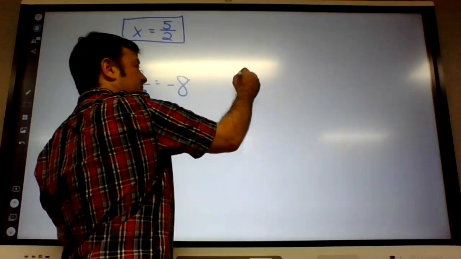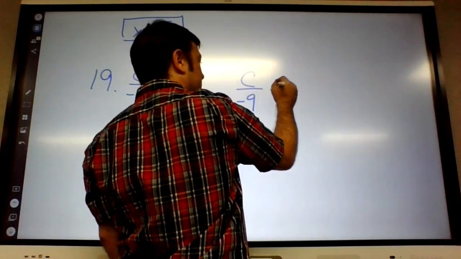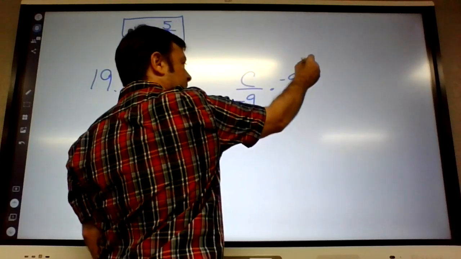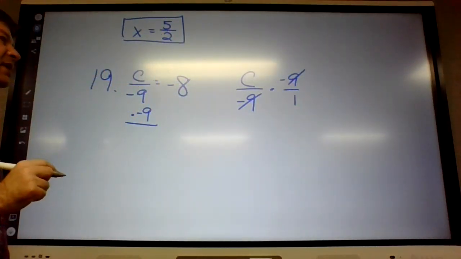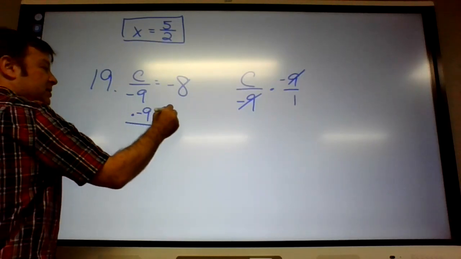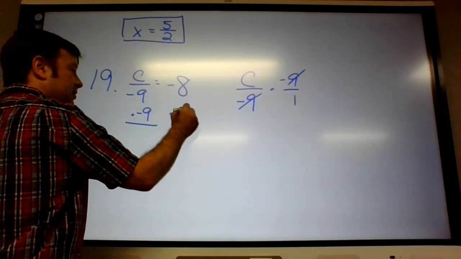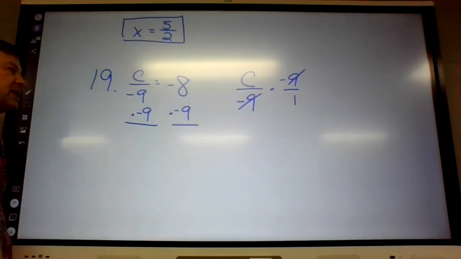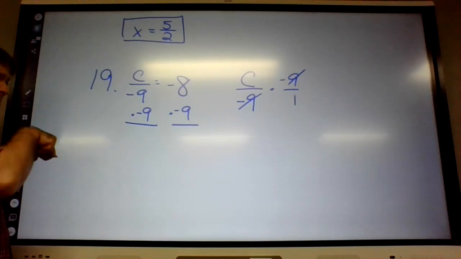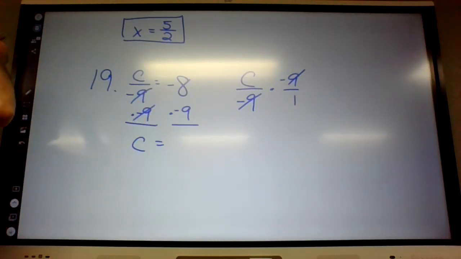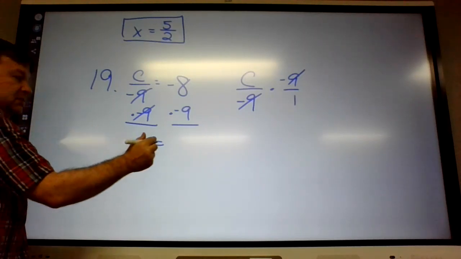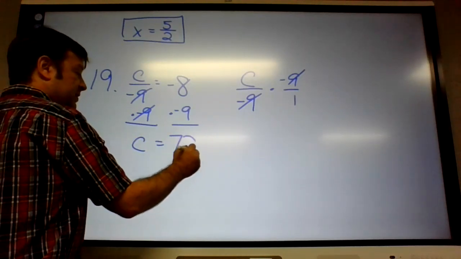What happens is, if I write it this way, this happens, and they just go away. So the right side, don't forget your negatives, is going to be times negative 9. So those cancel out. Negative 8 times negative 9, positive 72.